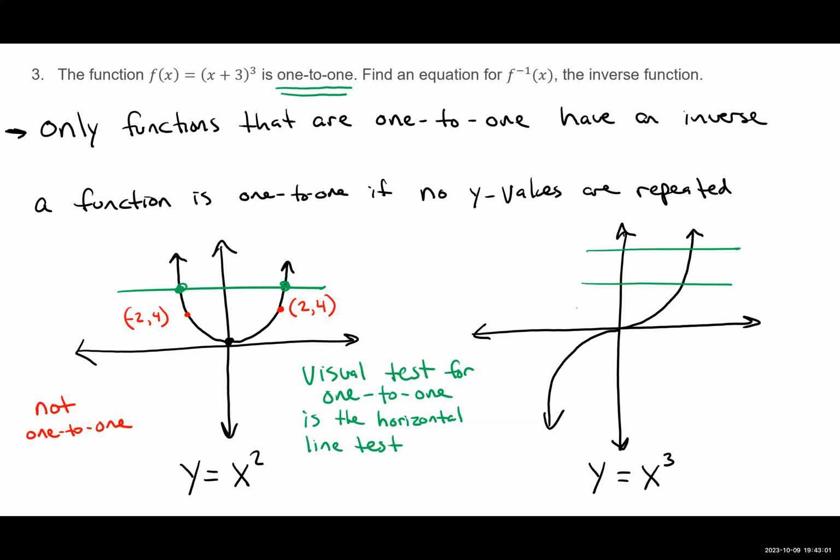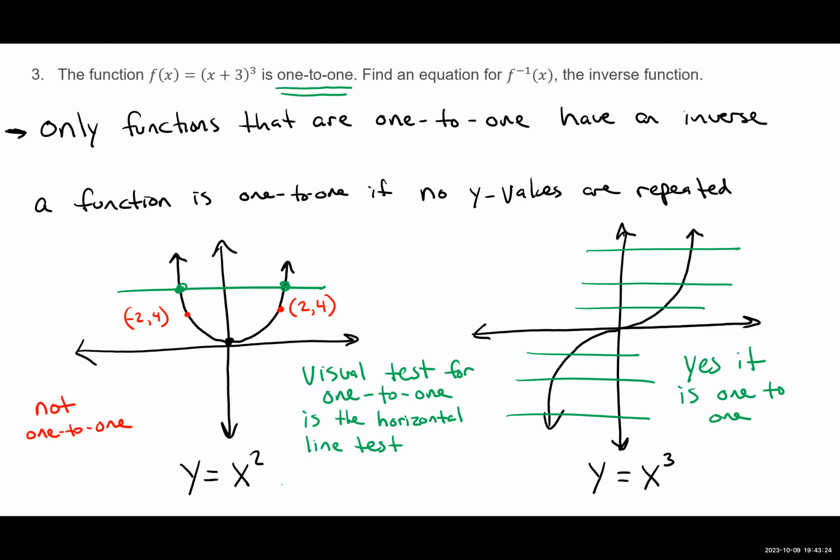Every horizontal line hits the graph of x cubed only once. So yes, it is 1 to 1.